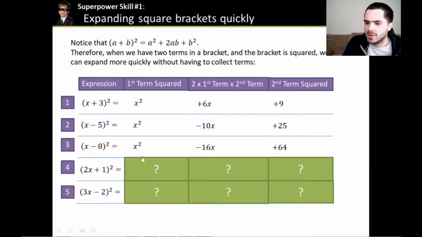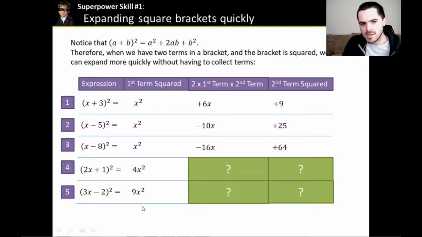We've got to be fairly careful with this next one, because this is going to become (2x)², which would give us 4x². If we were to square 3x, we would end up with 9x². Now we've got to be slightly careful. It'd be very tempting to just say, well, it's 2x times 1, and that's 2x. But remember, there's 2 of them, so we need to now double it.